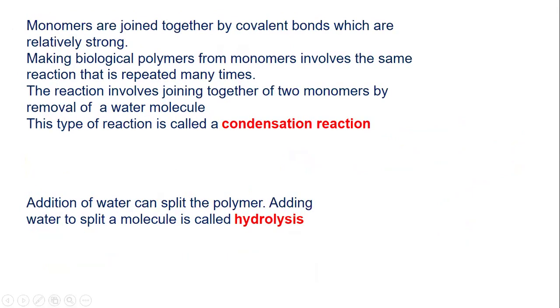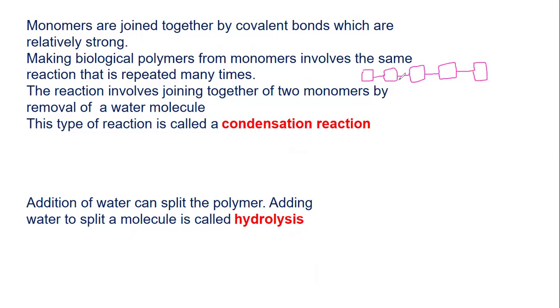So when you look at these monomers, they are joined by bonds. You'll find certain bonds holding them together. One monomer joined to another by a bond. And there is a type of chemical reaction that allows these bonds to be formed between the monomers so that a polymer is made.